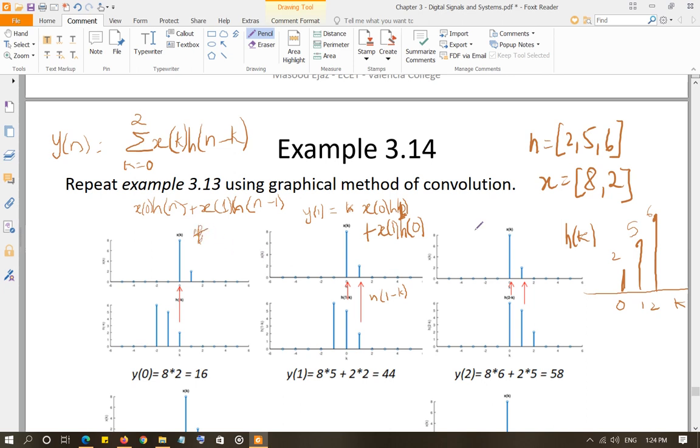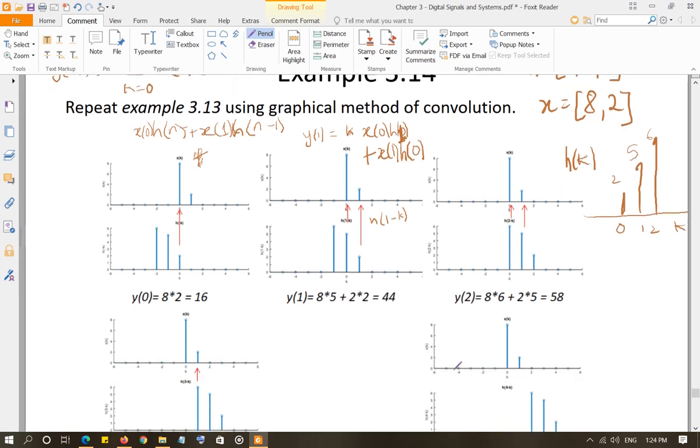So it's coming directly from the formula, but it is easier to visualize that you're just shifting it towards the right, and then you're multiplying the corresponding components that align with each other. Likewise, you shifted it 2 times, h of 2 minus k, and again the components that were aligned, you multiply them together to calculate y of 2.